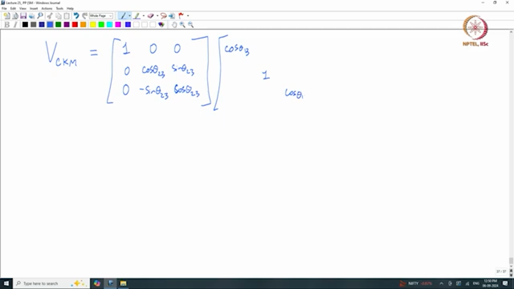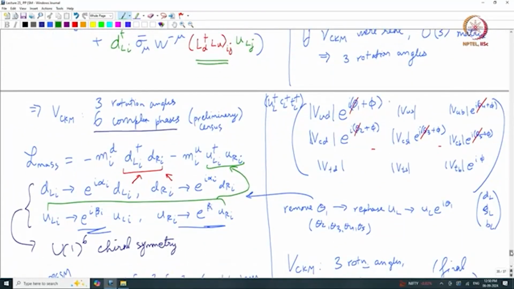So, I have this sin theta 13, minus sin theta 13, but the really beautiful thing here is that this is a place where I can put that phase. Okay. See, this phase I do not have to carry around in all the elements.